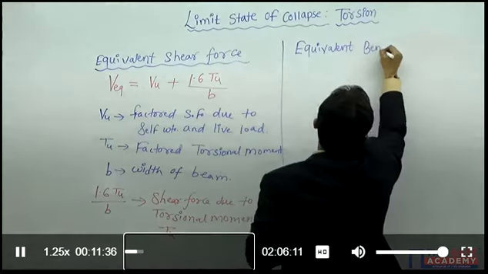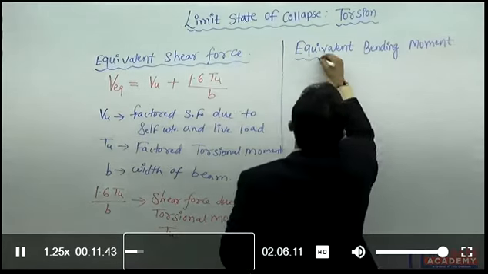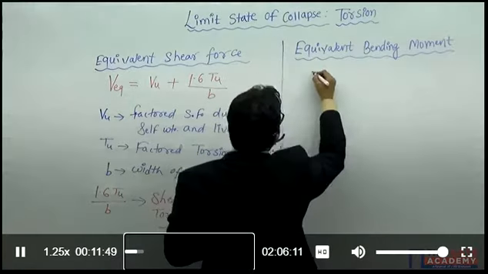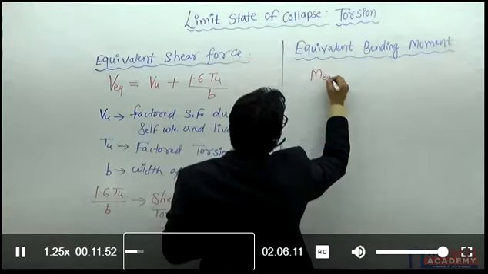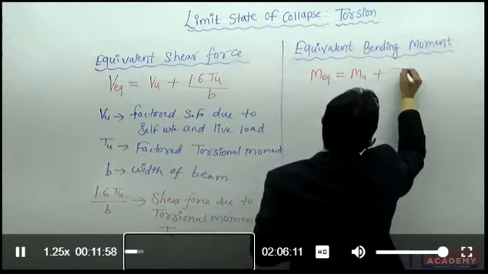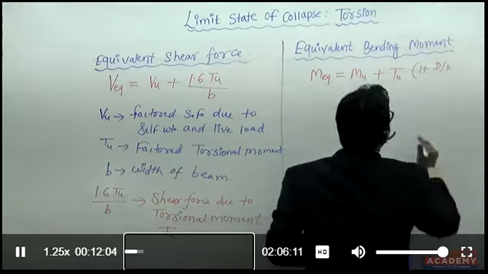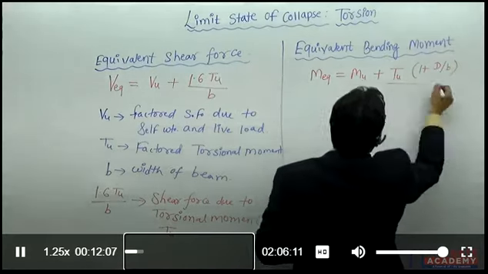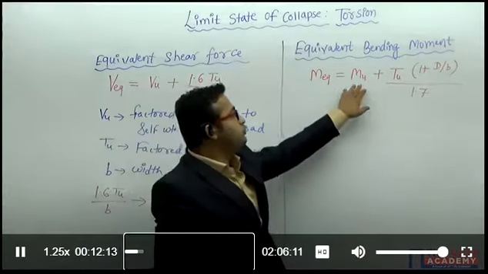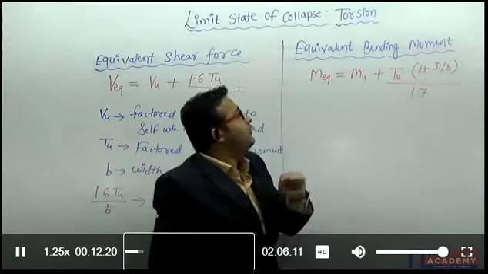So here I can calculate the equivalent bending moment, and the formula is M equivalent is equal to MU plus TU into 1 plus D by B divided by 1.7.